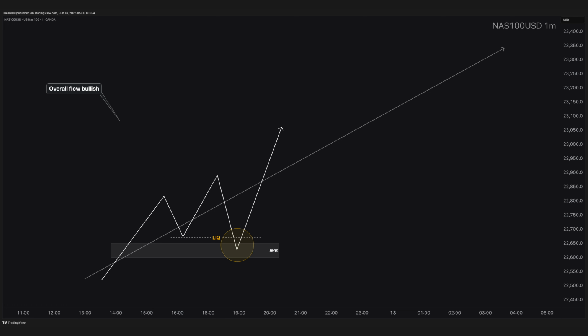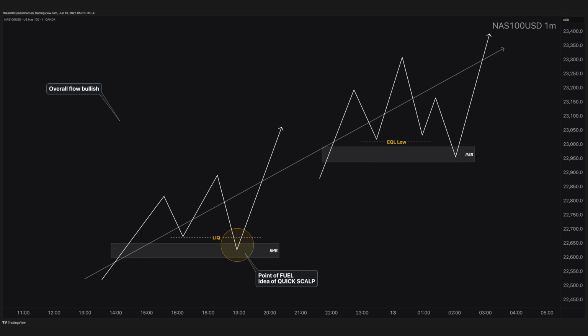Price makes a quick stop, sweeps an inner liquidity area, maybe tapping an imbalance. I call these the gas stations, the areas where price looks for fuel by hunting the stop losses. But if you can see the same structure with equal lows, now it can be even better for you. This means a lot of stop losses in a single price level, a great source of good fuel.